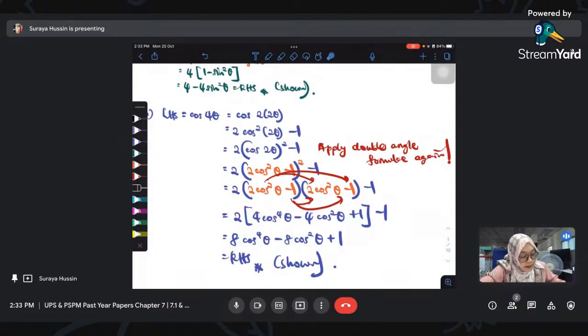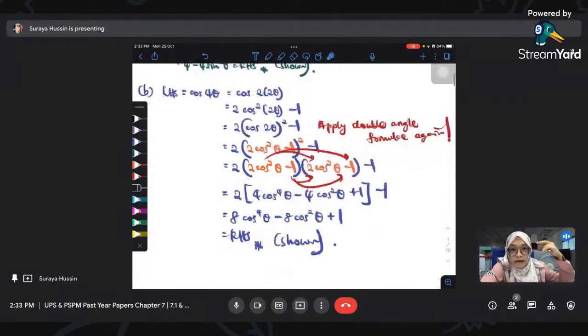Kalau kamu hafal double angle formula, kamu akan cepat ingat bahawa oh ini aku boleh try, oh formula tu aku boleh try, aku boleh cuba. And so tak dapat, oh cuba lagi formula lain. See, it's gonna be quicker if you hafal in advance, sebab tak perlulah asyik-asyik buka paper lah kan all the time. So when everything is in your head, you will do maths very quickly.